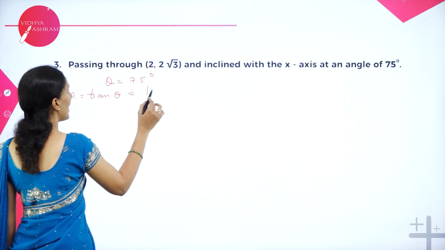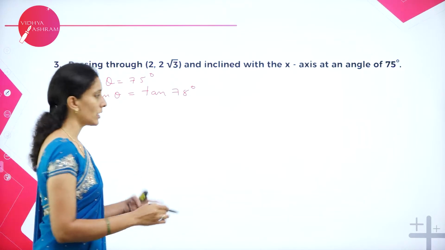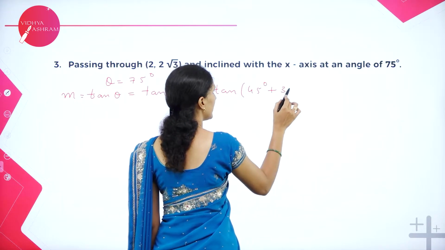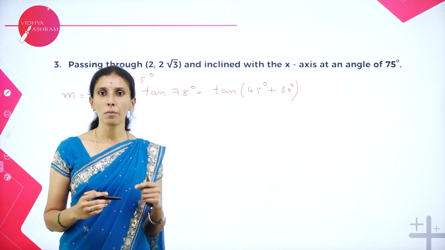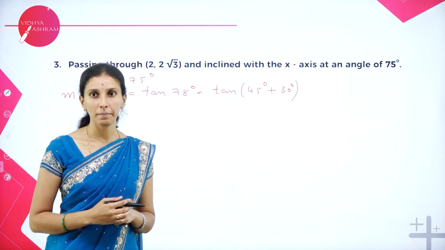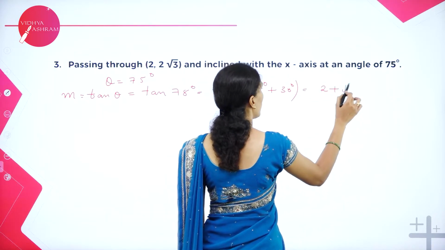So now, tan 75. Tan 75 can be written as tan (45 plus 30 degree). Using the formula of tan (A plus B), I can calculate the value of tan (45 plus 30 degree). So I'll get the value as 2 plus root 3.